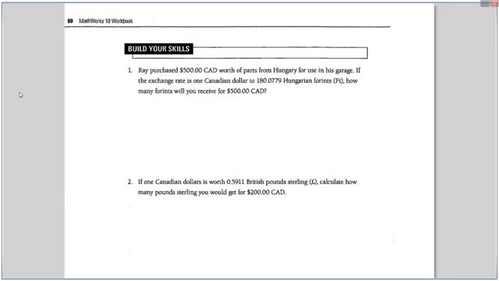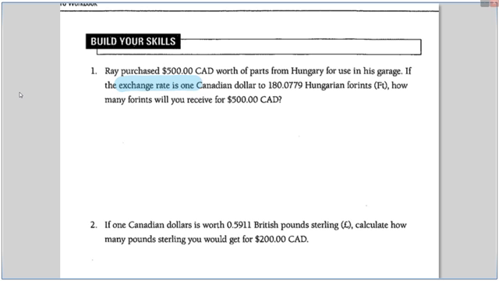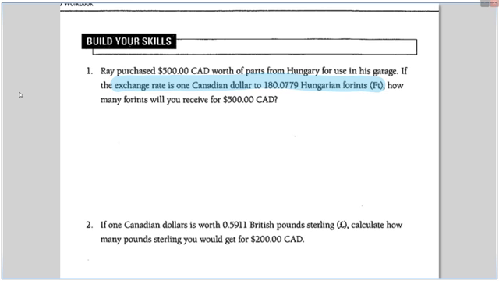Alright, so let's try build your skills. What you want to do is scan the question and look for the exchange rate. The exchange rate is 1 Canadian to 180 Hungarian forint. So 1 Canadian dollar is equal to 180.0779 FT.